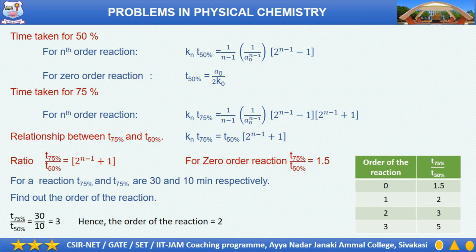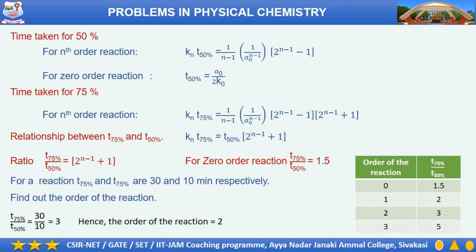Similarly, for first order, tell me the value. It is 2: 2 power 1 minus 1, 2 power 0 is 1, 1 plus 1 is 2. If the ratio is 2, definitely it is a first order. If it is neither of these values, then it is not zero order and not first order.